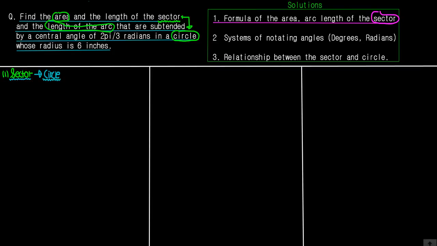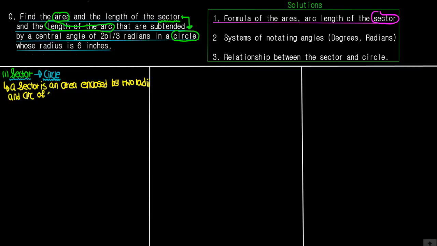The definition of a sector: a sector is an area, or you can say a part, that is enclosed, which means it is closed by something, and that something is 2 radii and an arc of our circle.